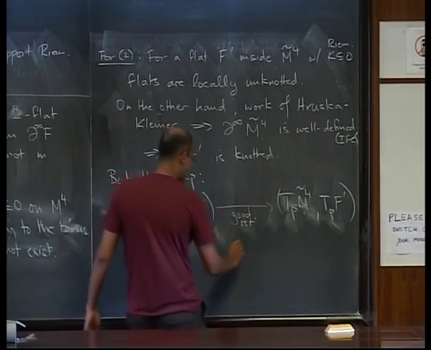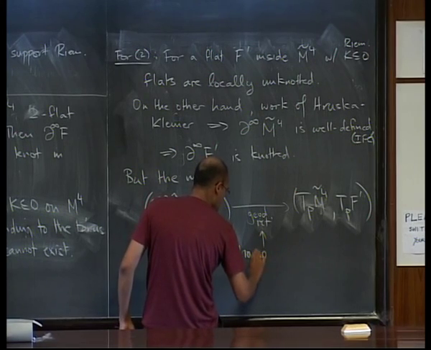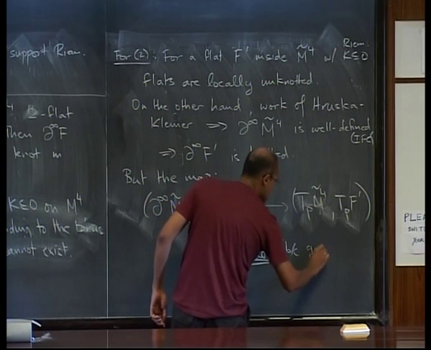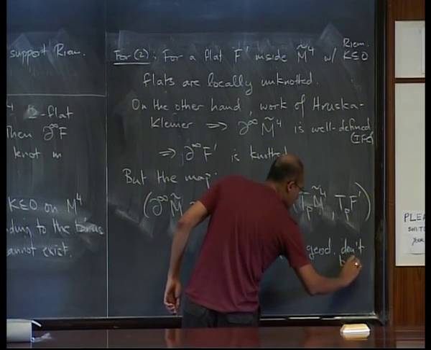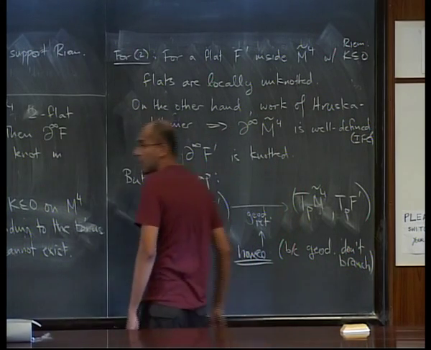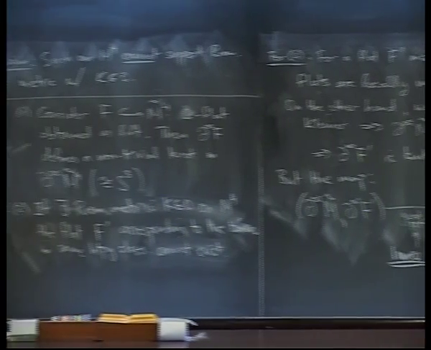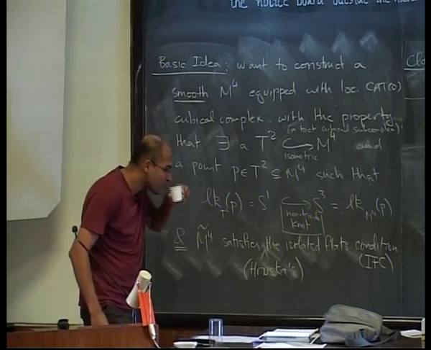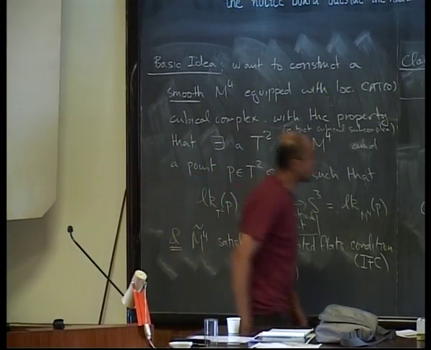So this is a homeomorphism, because geodesics don't branch. And so you've got a contradiction. Right? You've got a homeomorphism from something that's knotted to something that's unknotted. Okay. All right, so now let me explain point 1.